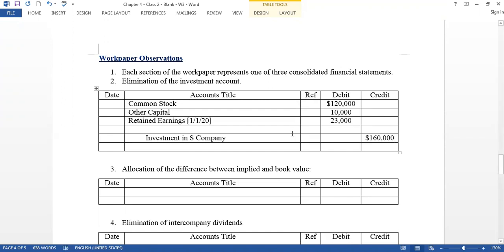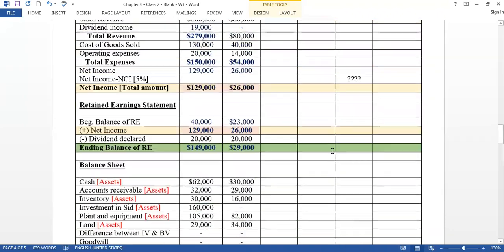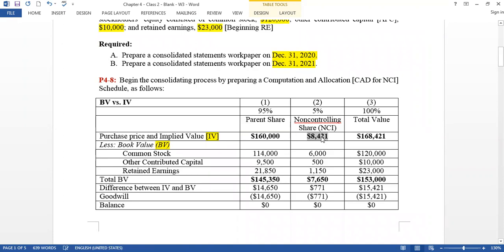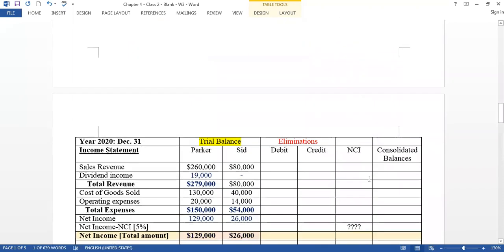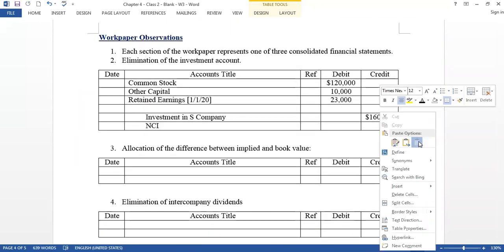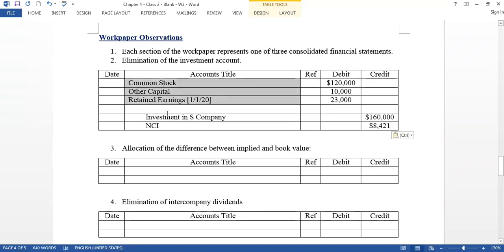And I told you that as it is 95%, we have to establish NCI. And we already calculated NCI here. This is the NCI, right? So NCI is now on the credit side. Now, after doing this, you have to find out where you should write the difference.